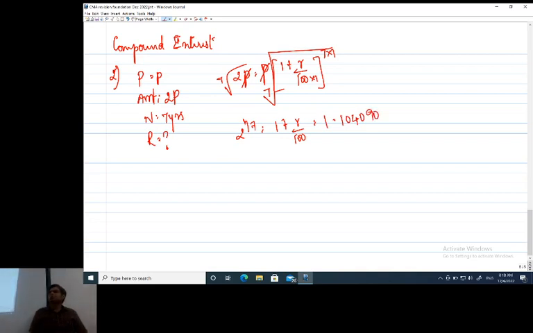Now, how to take the nth root of a number? Do you remember the process? Sorry, for the nth root you will still divide by n. So divide by 7 and do it.